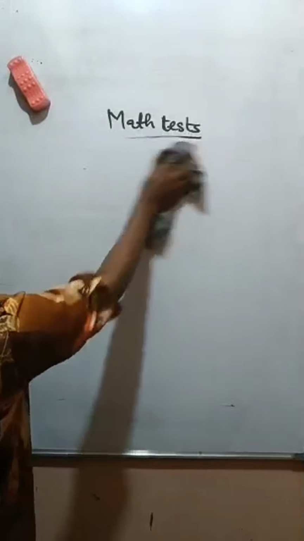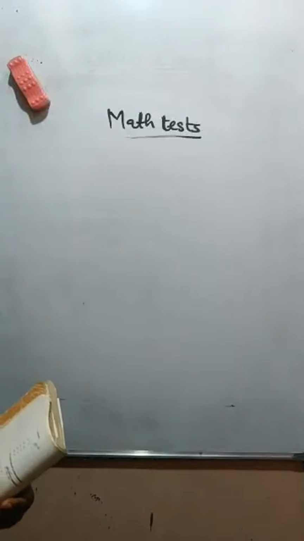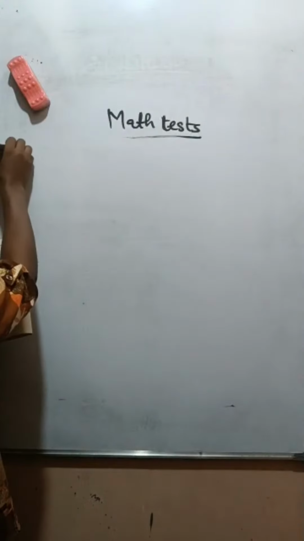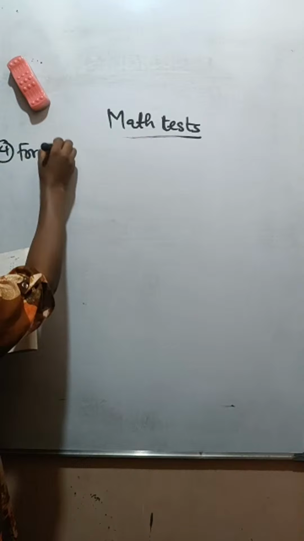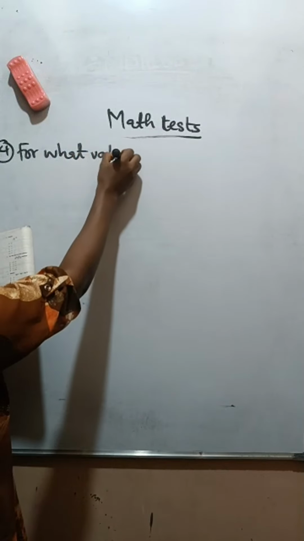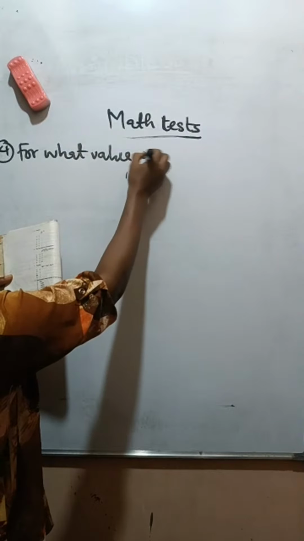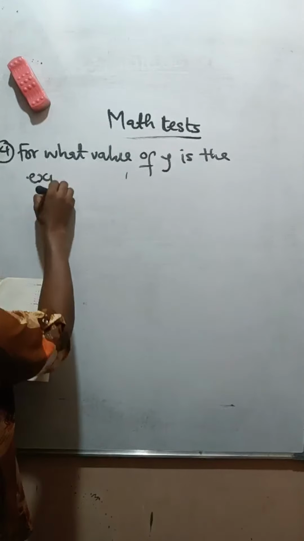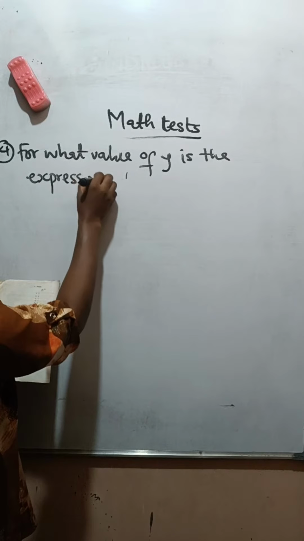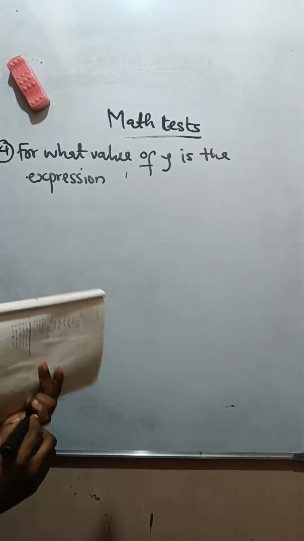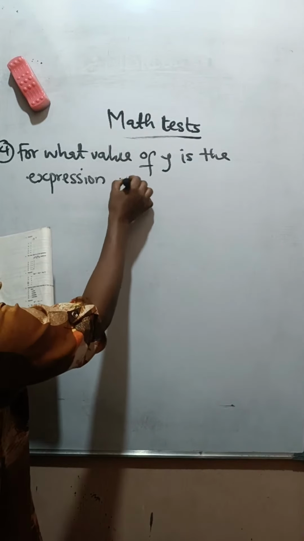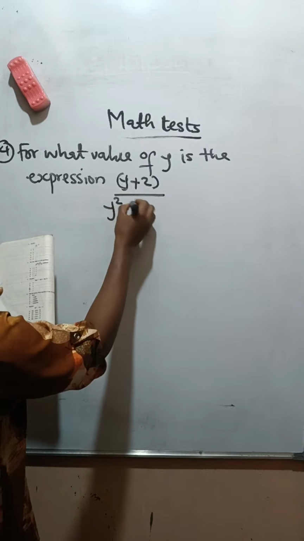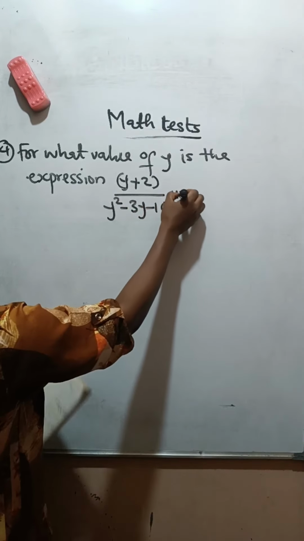Let's work on another question. Now, this question is saying, this is number 4, for what value of y is the expression y plus 2 divided by y squared minus 3y minus 10 undefined?